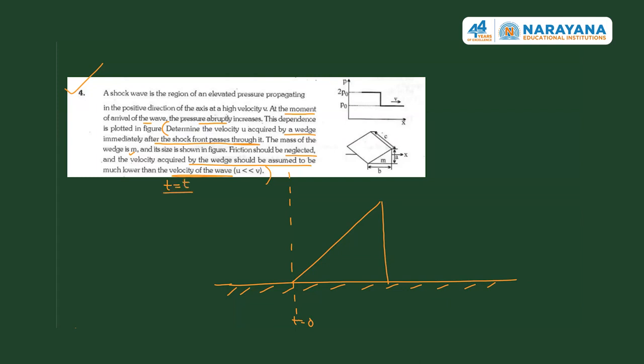Let's see. So at t instance, there will be a section. So let me treat this height as a, b, the cross dimension that is given as c. So in this wedge ABC, at t is equal to t, there is a point P up to which the wedge has been exposed by the elevated pressure waves.